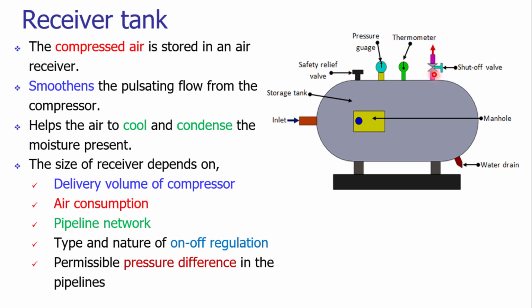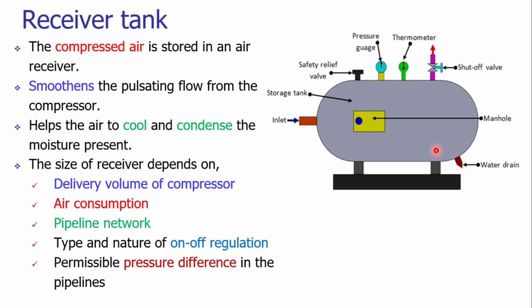This is the outlet, and it has various mountings such as the relief valves, that is a safety relief valve, pressure gauge to continuously monitor the pressure of the tank. There is a thermometer which is used to monitor the temperature of the compressed air which is stored inside the tank. So there is a water drain here.